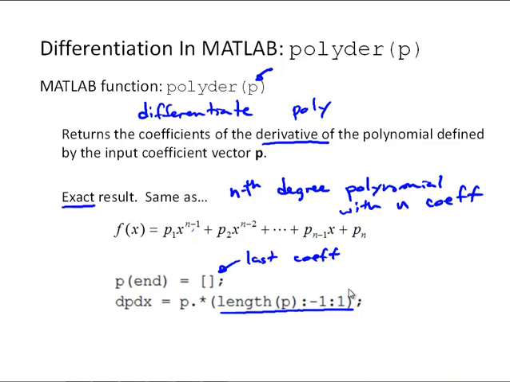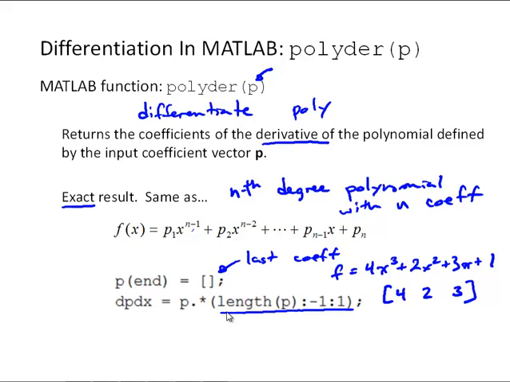So the way that this would work, let's say we started with something like 4x cubed plus 2x squared plus 3x plus 1, if that's our polynomial, then this first command would leave us with 4, 2, and 3.